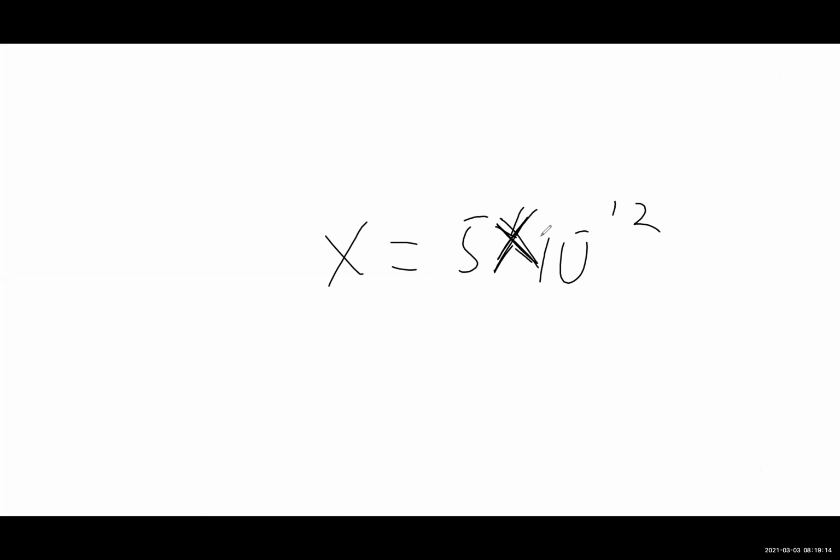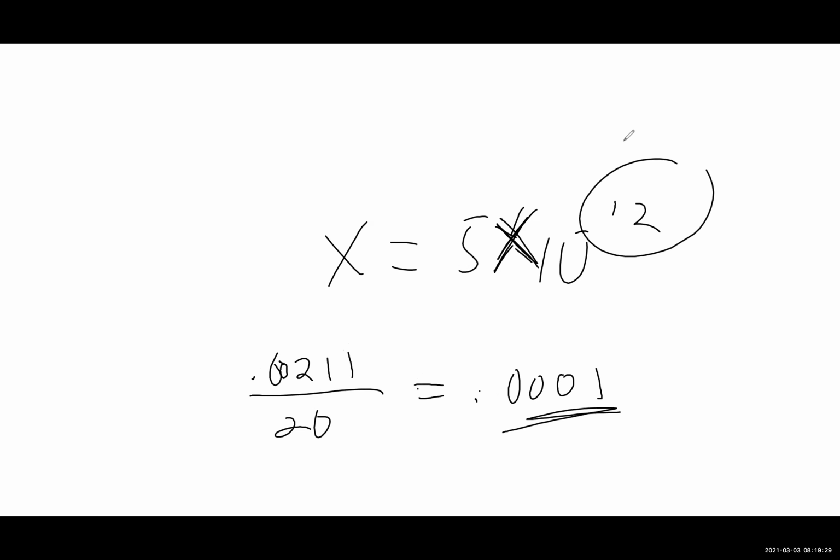Now, of course, there's always the question of, is it a good assumption? And of course, if I divide that by 20, I get 0.0001. Hell yeah. It's 100 million times smaller than small. Right?